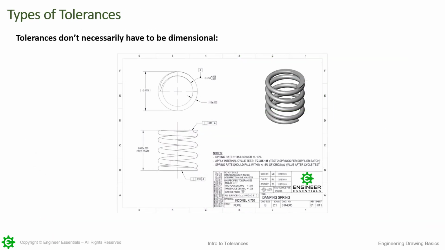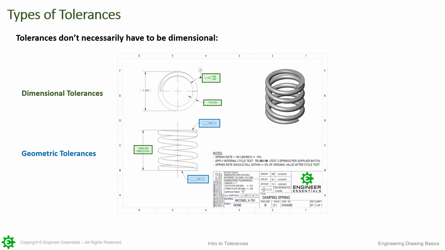Now, before we continue talking about dimensional tolerances, an important thing to remember is that tolerances don't necessarily have to be dimensional. Very commonly, you will find these types of dimensional tolerances on your print, like this. However, you may also see geometric tolerances, which look like this right here. Another form of tolerances are force or load tolerances.